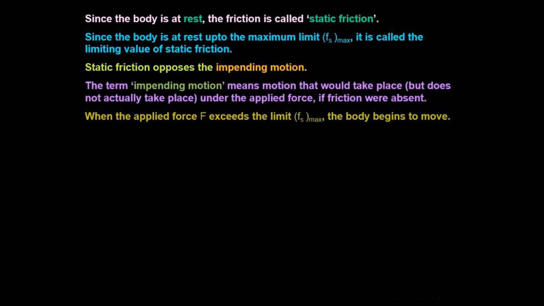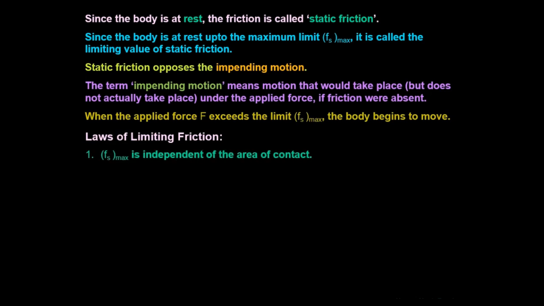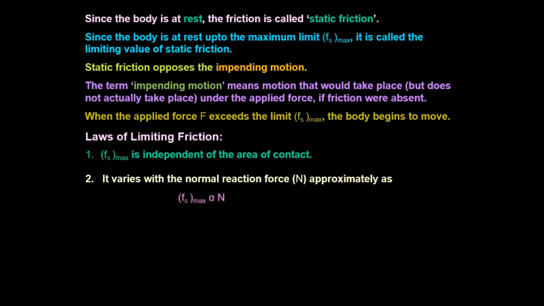So when we supply a force F which exceeds the magnitude of the static friction Fs, then the object begins to move. There are a few rules associated with that. They come under the law of limiting friction. The first one: Fs max, that is the maximum static friction, is independent of the area of contact, and it varies with the normal reaction force approximately.